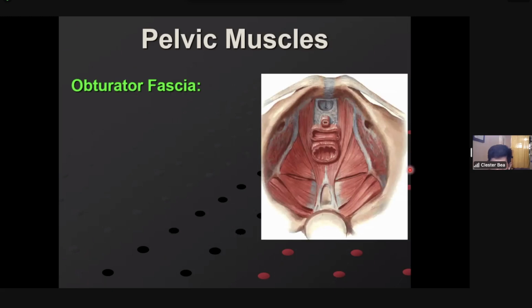Now, the obturator internus muscle is covered by a fascia on its inner side, on the side of the pelvic cavity. It is known as the obturator internus fascia.